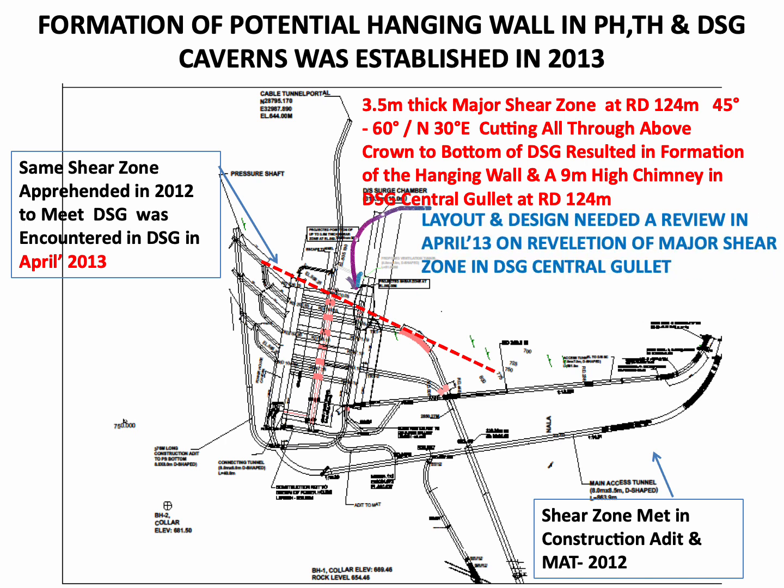The designers, taking heed of the suggestion of the resident geologist of the project, did alter the layout of the powerhouse and transformer hall caverns by shifting these 2 caverns by 36 meter and 80 meter respectively to the southern end, thereby avoiding their cutting by the major shear zone to a great extent.